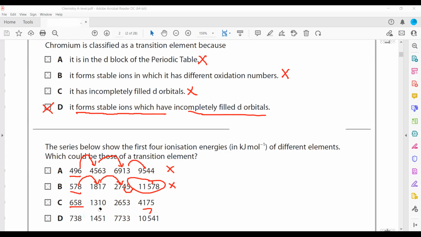Why not D? Again, when you check D, 738, double is 1400, that's correct. But then there's a very big jump from 1400 to 7000. So for these transition elements, when we move across the period, the ionization energies of successive transition elements are comparable. So C is the right answer for this.